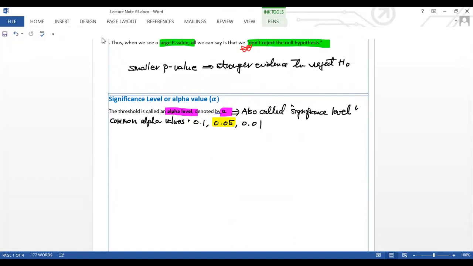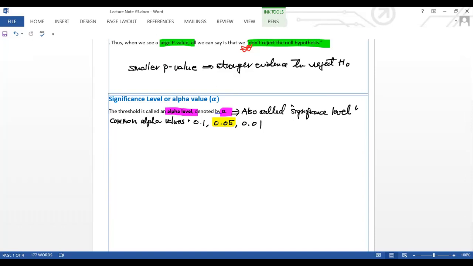Sometimes, if people do not specifically write out the significance level, we treat it as a rule of thumb and say it is 0.05, so 5%. When the p-value is less than those values, we say my data provided strong evidence to reject the null hypothesis.